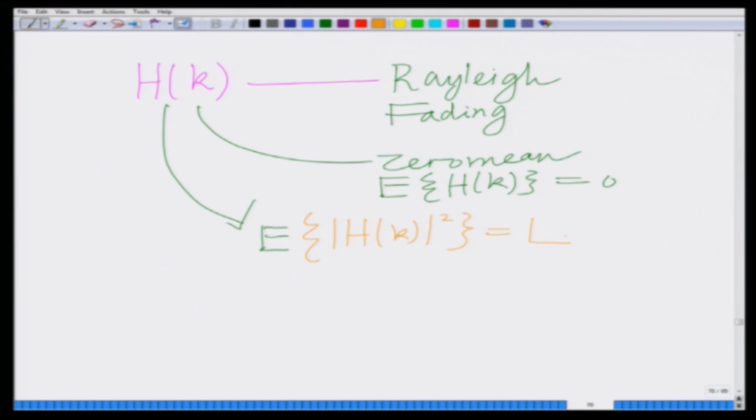So, each capital H k, the kth FFT point of the zero padded channel coefficients h0, h1 up to h L minus 1, is zero mean.